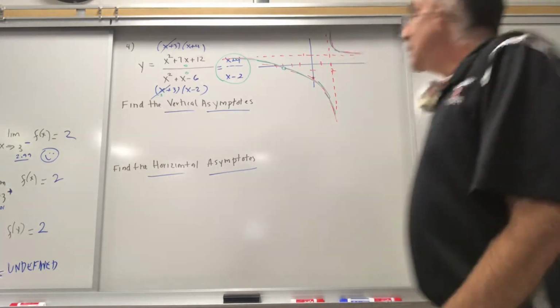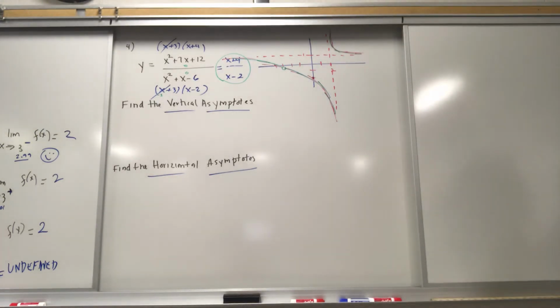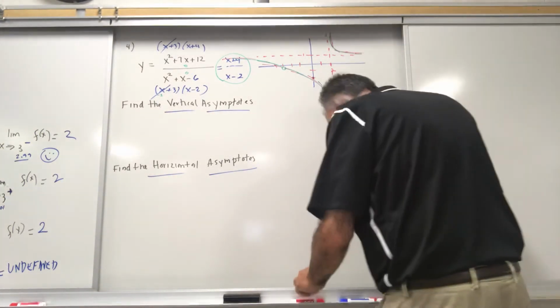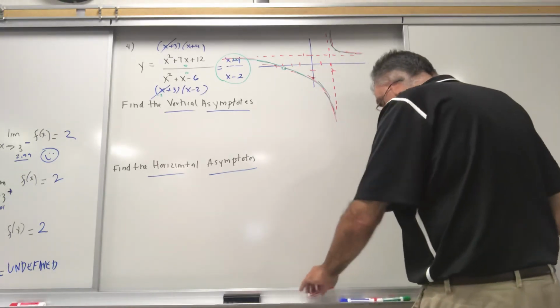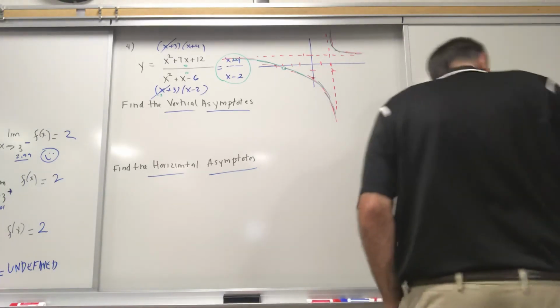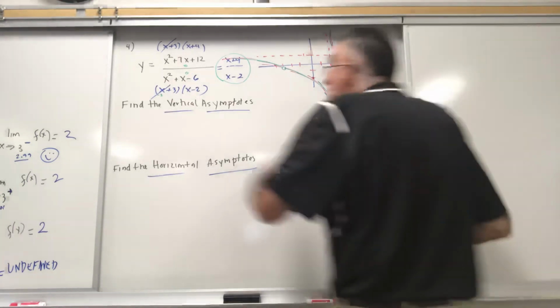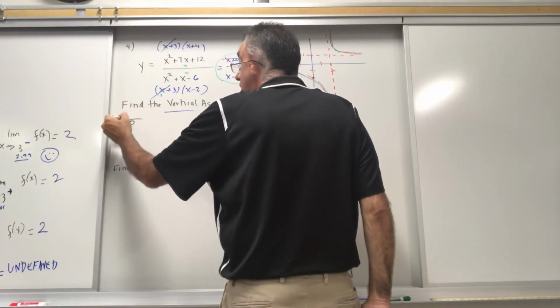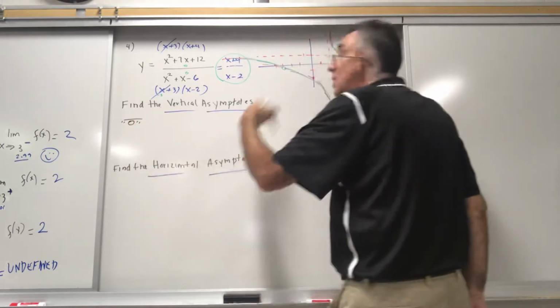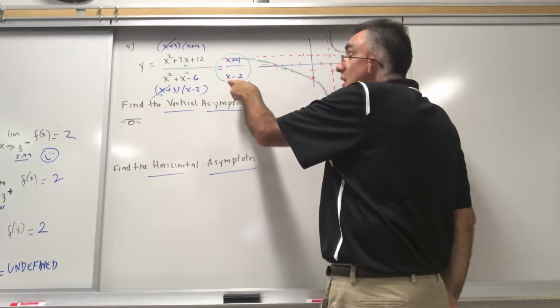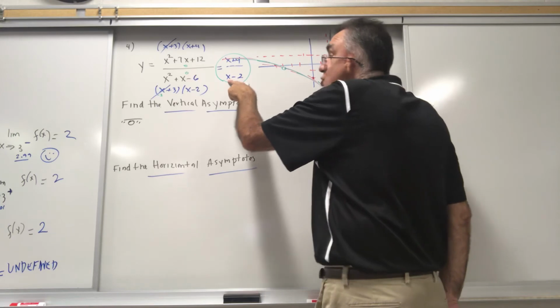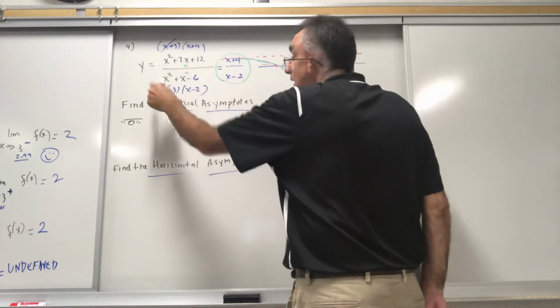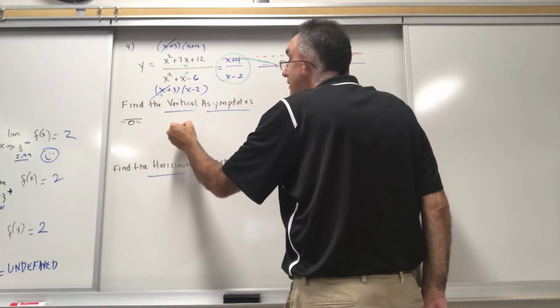Okay. Now, how do you do vertical asymptotes? Vertical asymptotes is when you divide by 0. Oh, you know what? I feel like getting the black pen out now. Vertical asymptote is when you are dividing by 0. When you're dividing by 0, at 2 and -3, but here's the weird part.